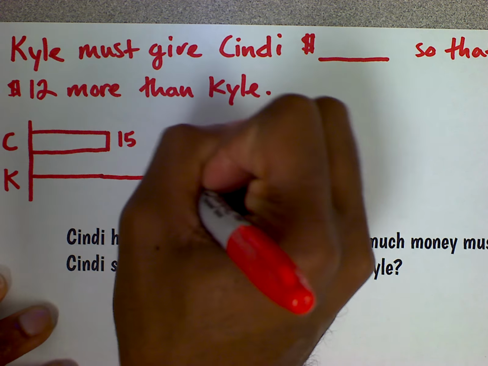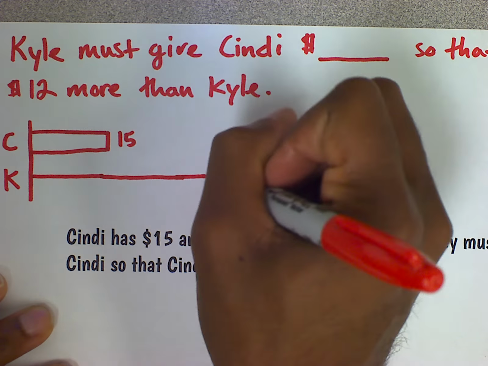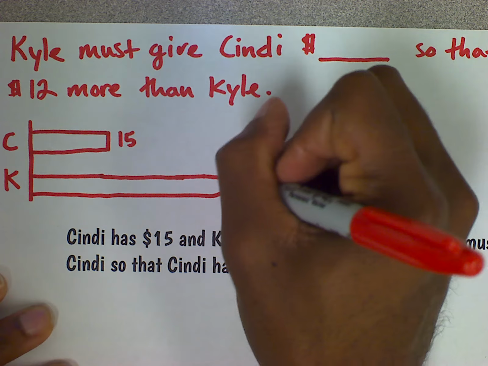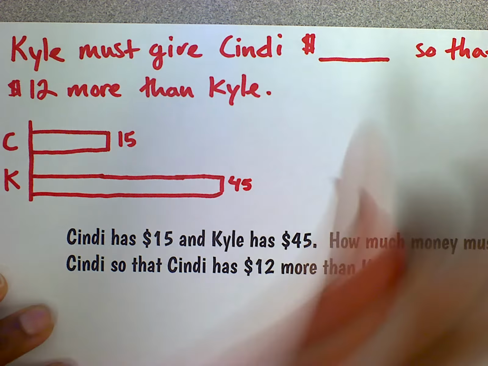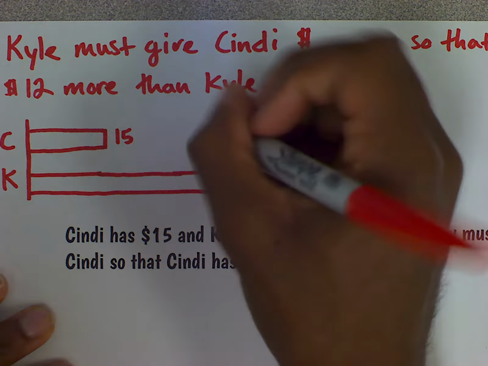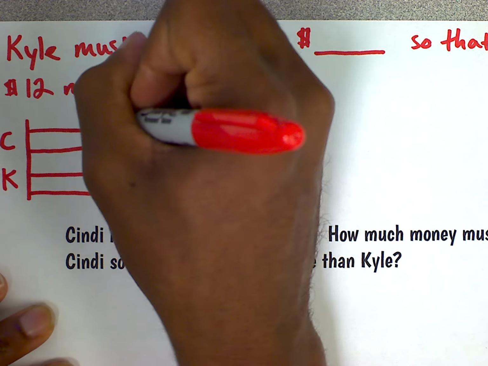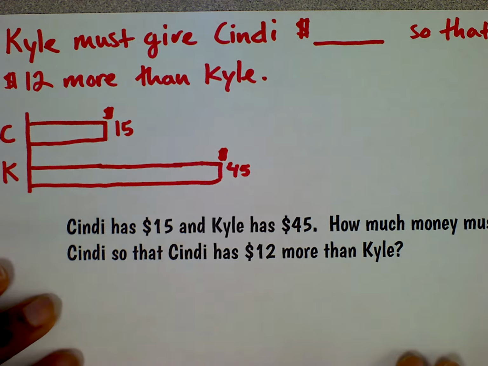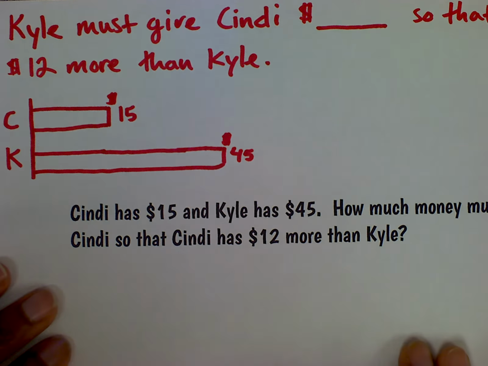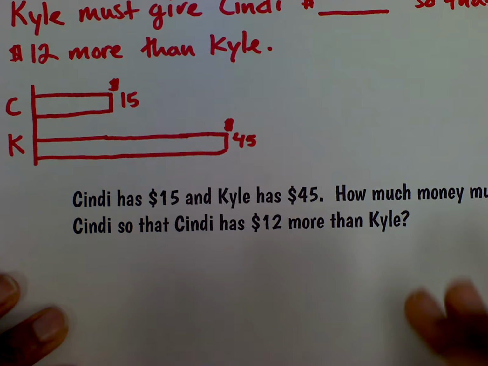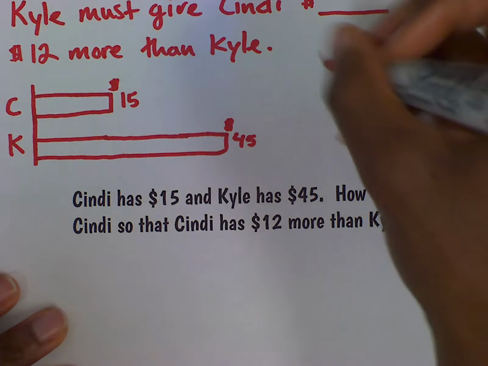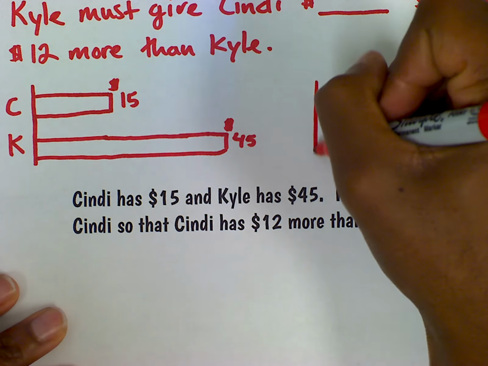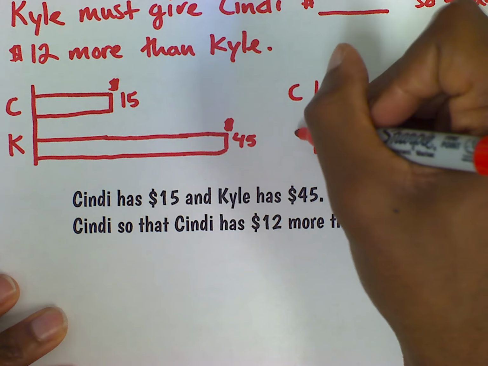So the goal is to get these to look relatively close to the real deal. Okay. So we know Kyle has $45 and Cindy has $15. Okay. So now as we're trying to figure this out, we want to know what we're working with, because literally what we're looking for is there should be ultimately, when we're all said and done, Cindy having 12 more than Kyle.